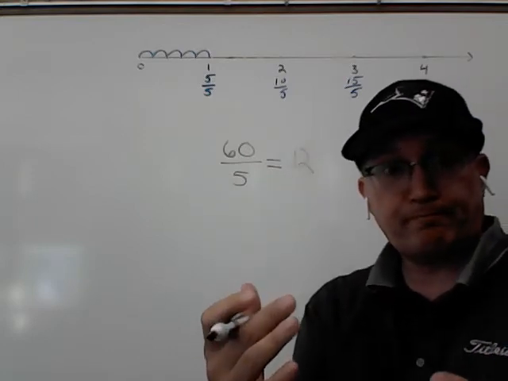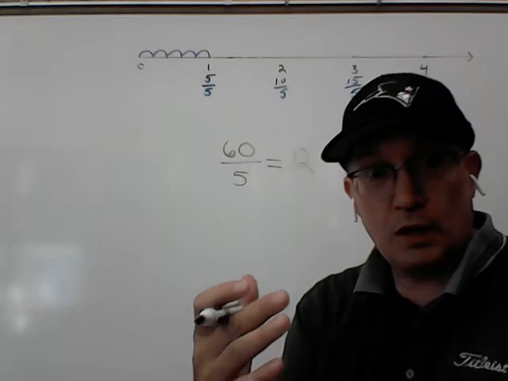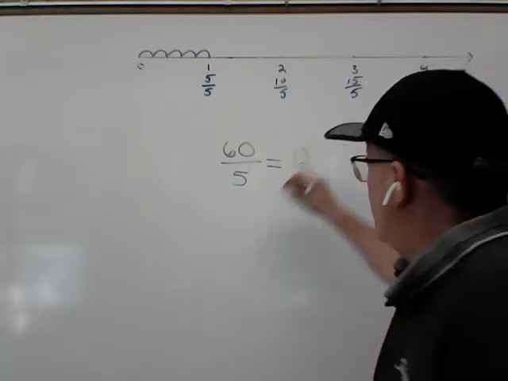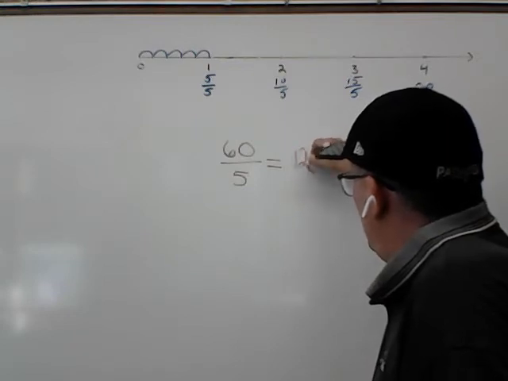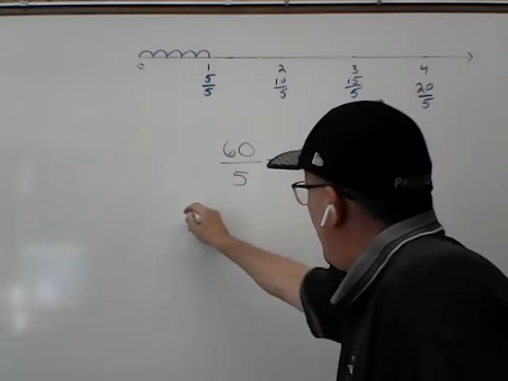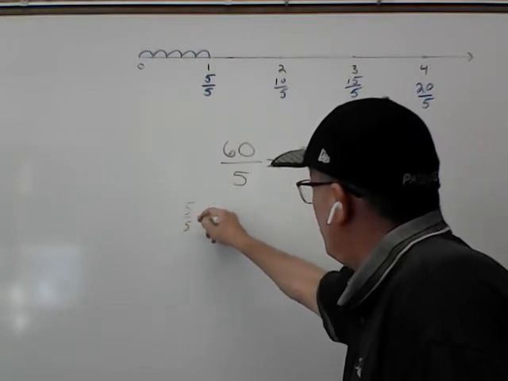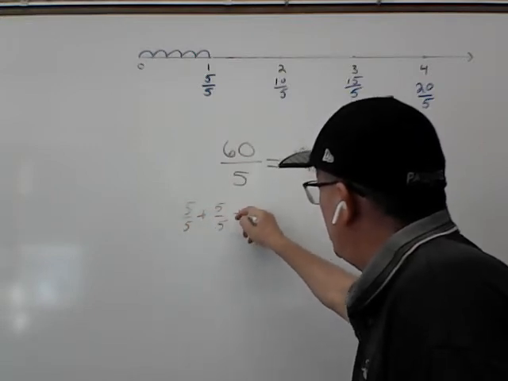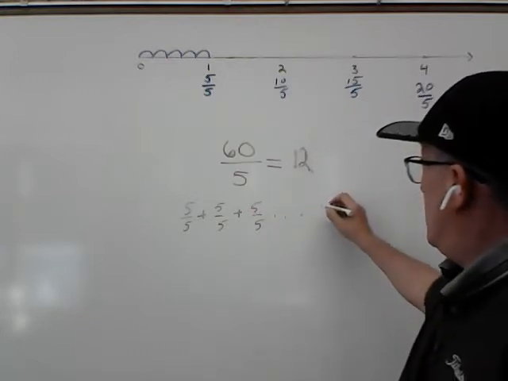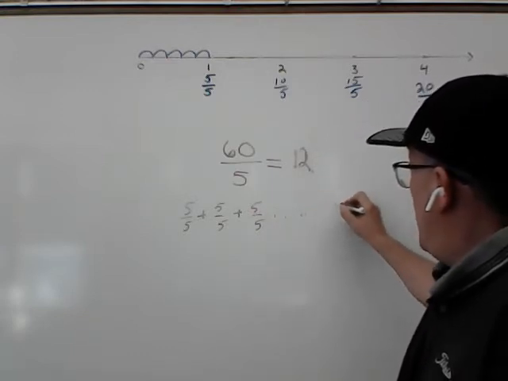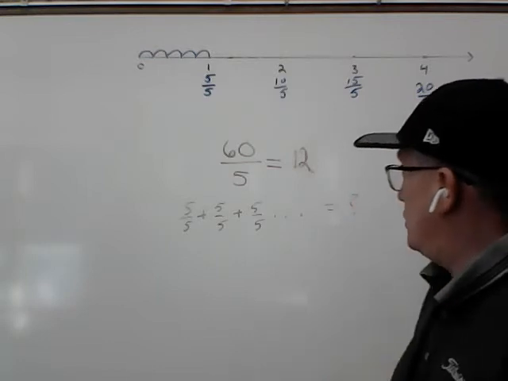Let's do an analysis, a way of looking at this that I did previously on a previous video. Let's imagine a whole series of 5 fifths being added together. Dot, dot, dot. And then question mark.